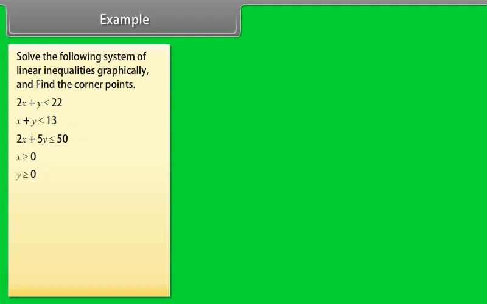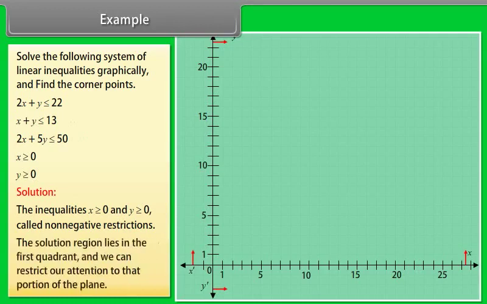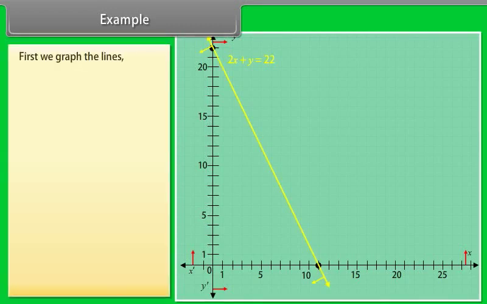Y is greater than or equal to 0. Solution. The inequalities x greater than or equal to 0 and y greater than or equal to 0 are called non-negative restrictions. The solution region lies in the first quadrant and we can restrict our attention to that portion of the plane. First, we graph the lines as follows.